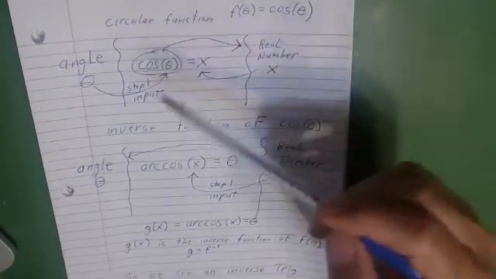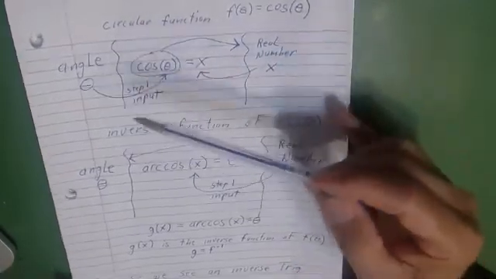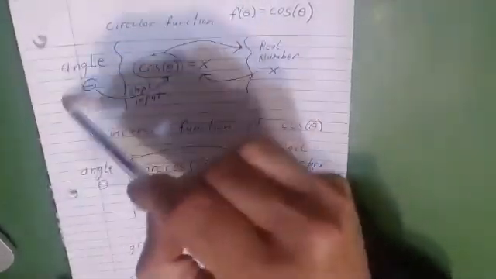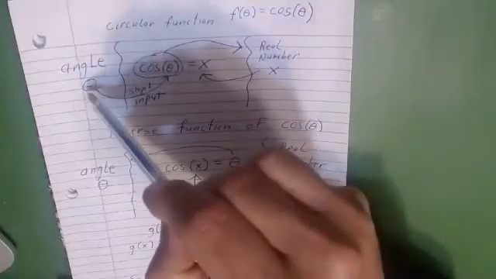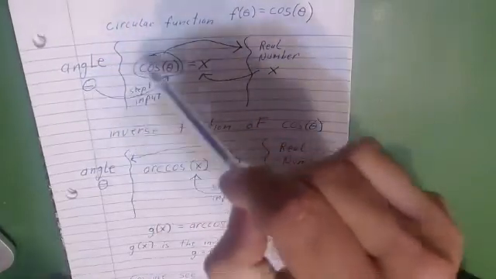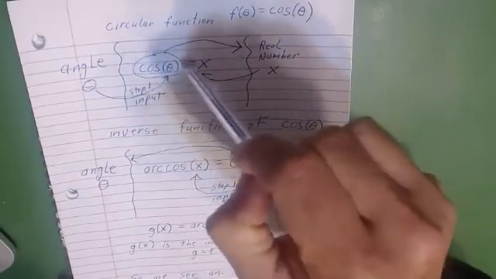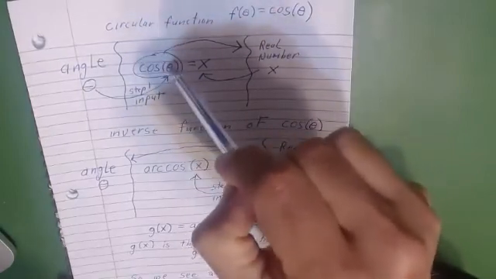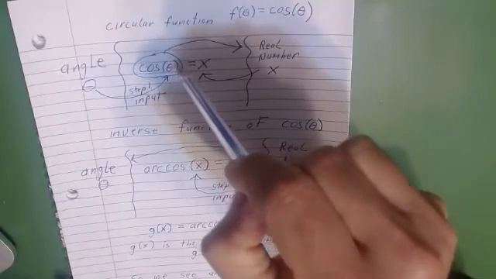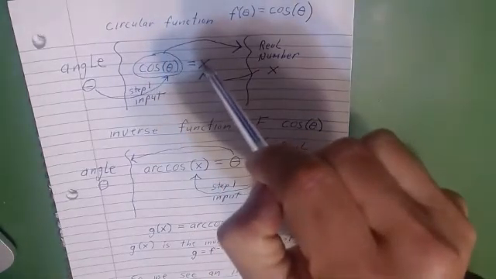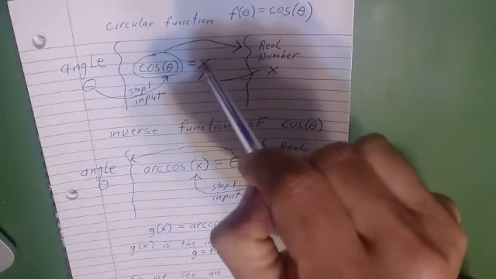So what do we do with this function? We have an independent variable, which is theta. So we go over here and we say, what angle do we have? Oh, we've got this particular angle. We put this angle into the function, and then we operate on it with that function. We take the cosine of that angle. That gives us a real number value, and here we're calling this x.